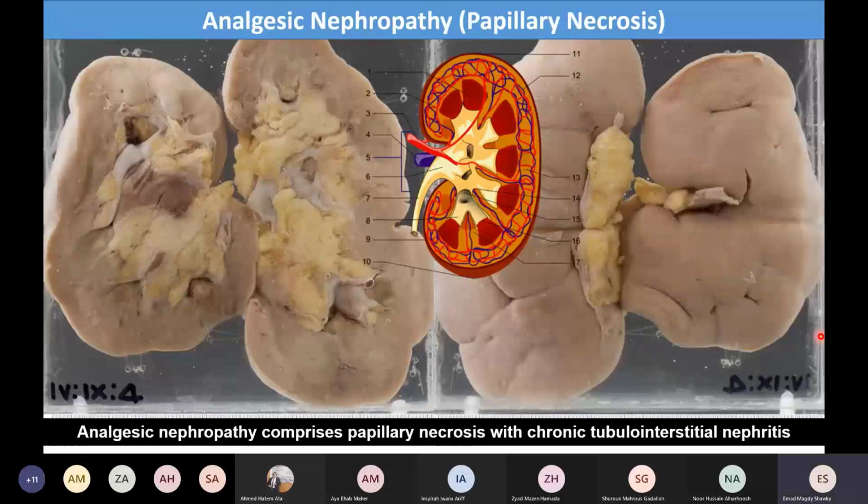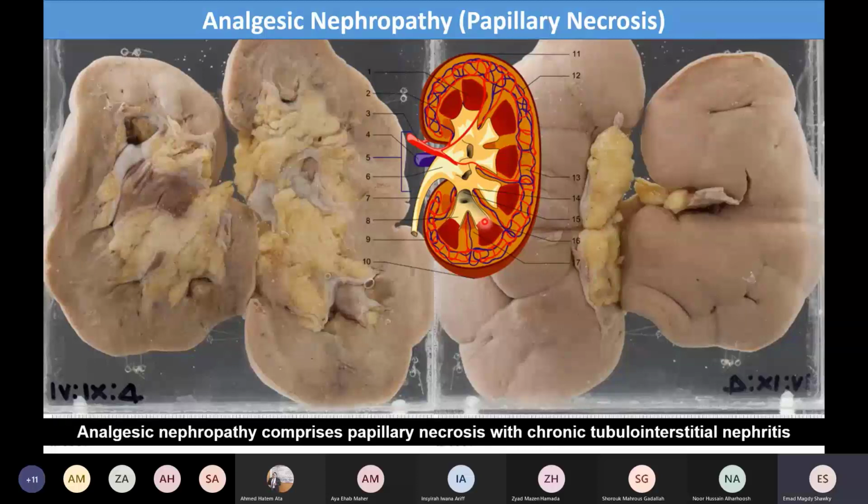I intended to put these pictures, especially the gross picture. Here you can see what the nonsteroidal can cause to the kidney in chronic use. This is a kidney. You see this structure, number 16, is the renal papilla.